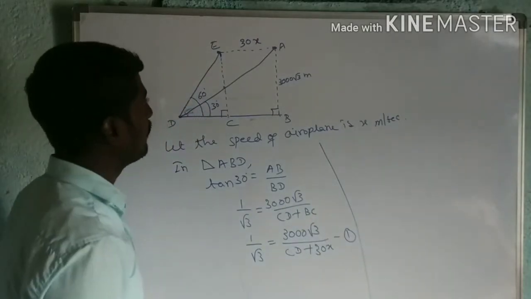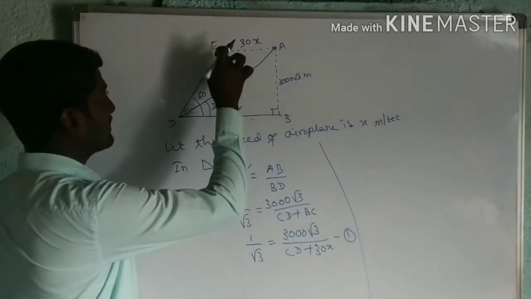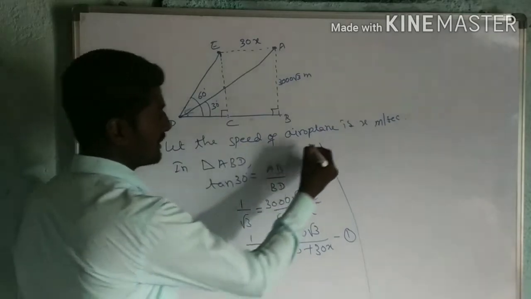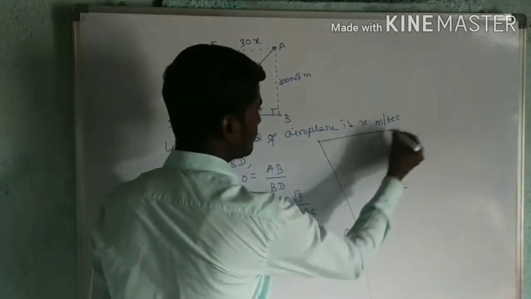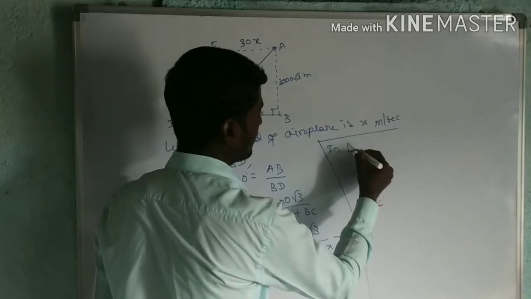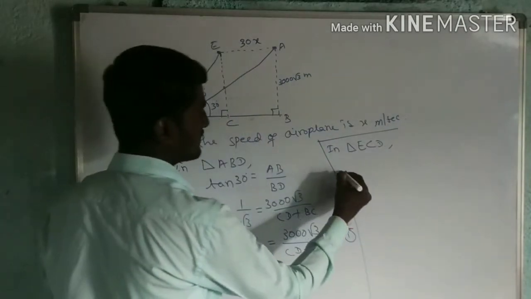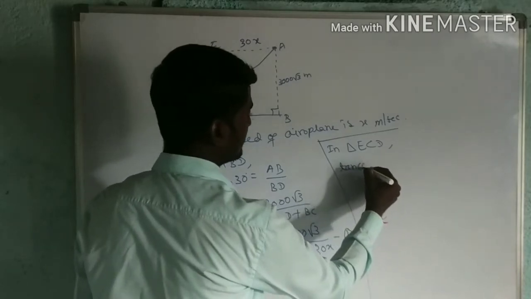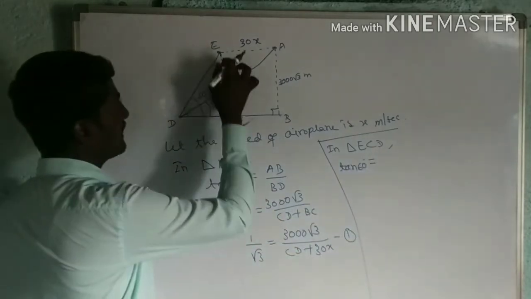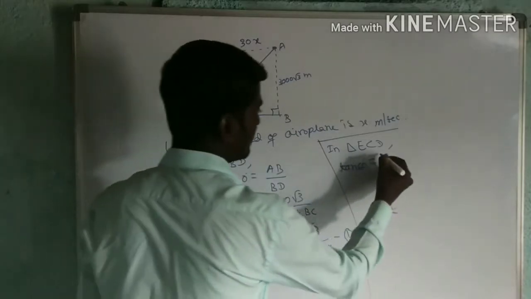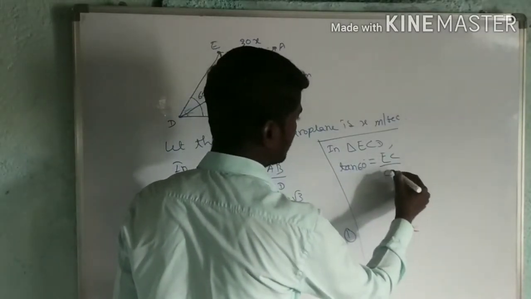Then I will go for another right angle triangle, which is ECD. In right angle triangle ECD, tan 60 degrees is equal to EC divided by CD.